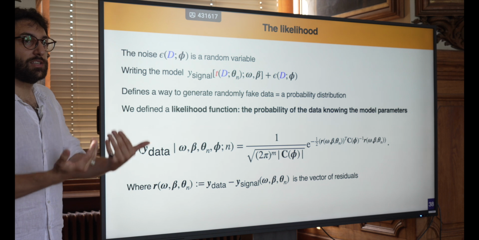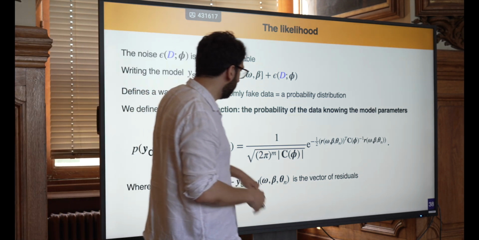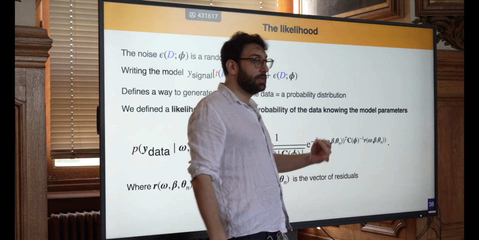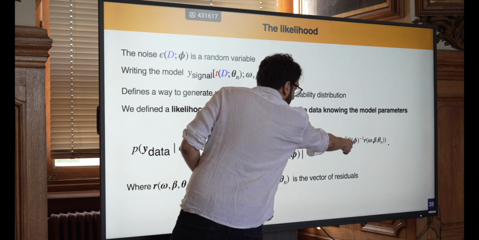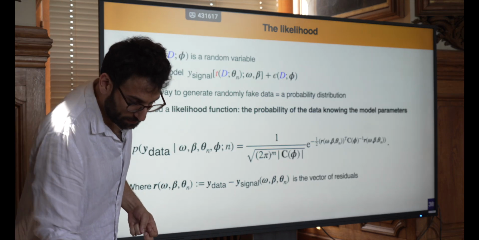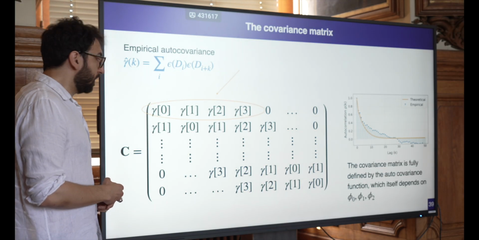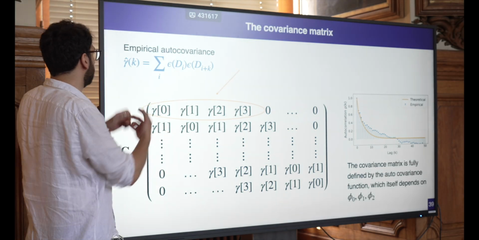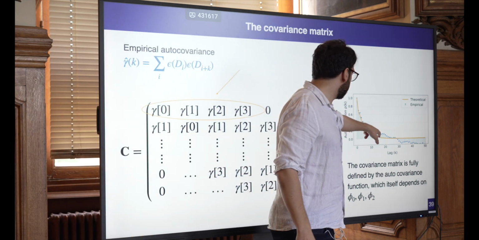And the precise mathematical description of this likelihood in the case of AstroGeoFit is this one. It is simply a multivariate Gaussian distribution. And why did I insist so much on the autocovariance of the process before? It's because this is what defines this covariance matrix here. So the empirical autocovariance, you remember, this is this.